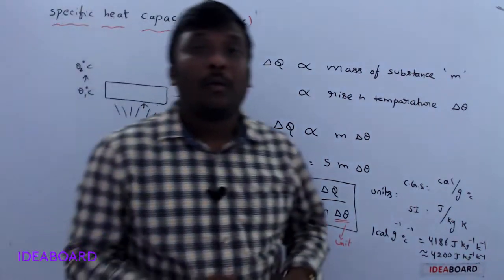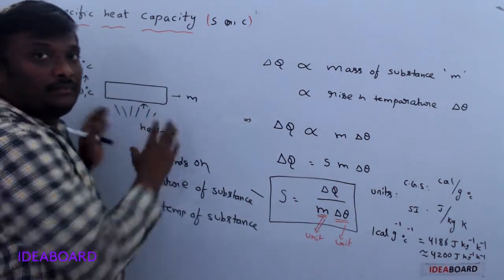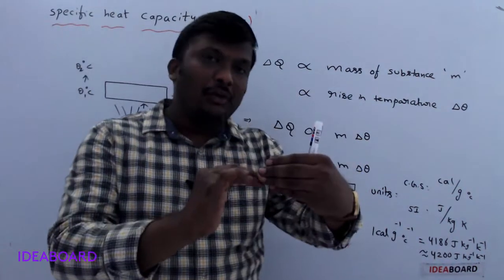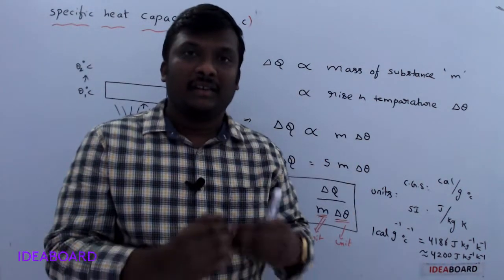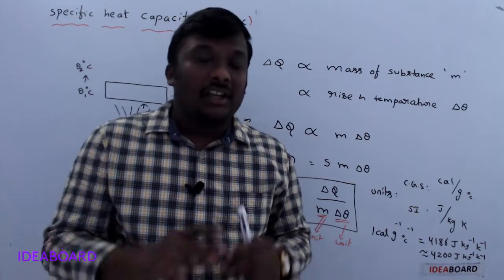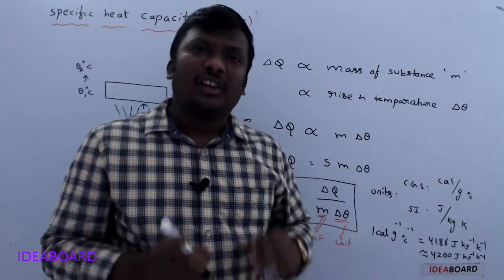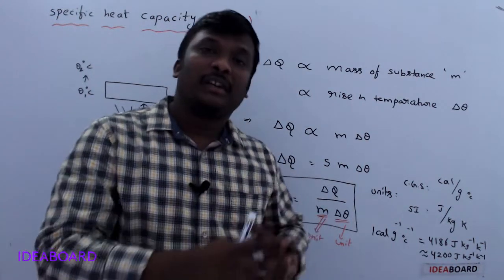Nature of substance. What does that mean? If you use copper to raise the temperature from 20 to 21 degrees Celsius, it requires a certain amount of heat. Understand? If you use water, that value will be different. If you use iron, that value is different.